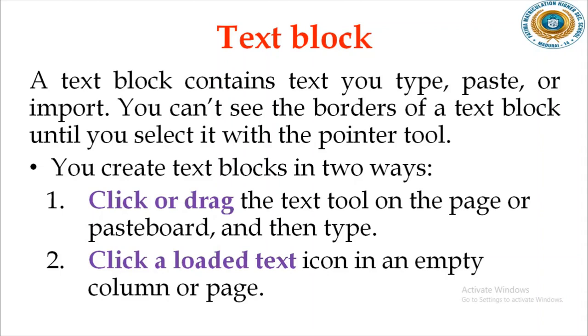Otherwise, if you already have a text block in the pasteboard, we can click and drag from there. Otherwise, using the loaded text icon, you can create a text block in the text window.